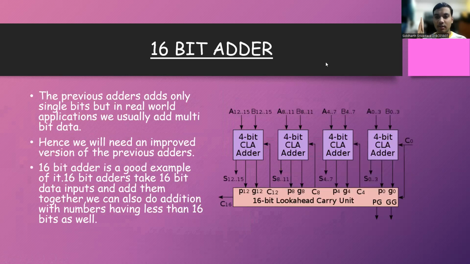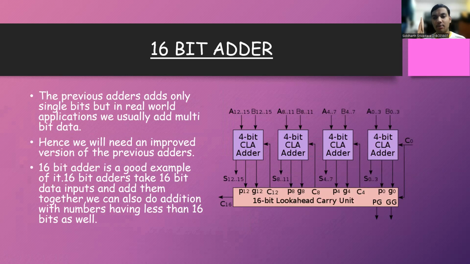Now we move to the 16-bit adder. The previous adders add only single bits, but in today's real world applications, we usually add multi-bit data. So we will need an improved version of the previous adders.